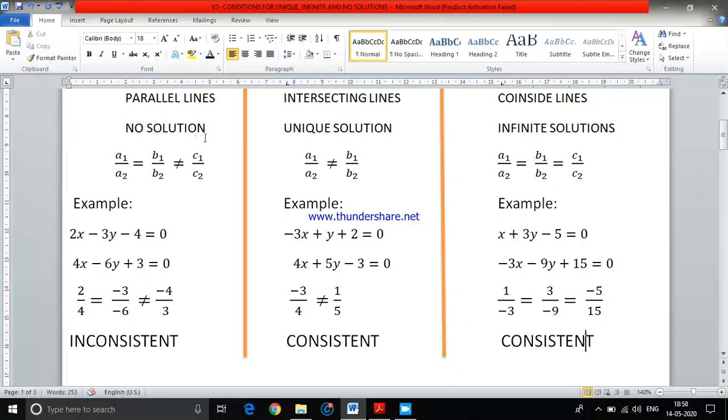And if there is no solution, that means you cannot solve the equations. In the last video we gave one example where solutions are not possible, if you remember. I explained that also. If no solutions are possible, then I say the given pair of linear equations is inconsistent. If solutions exist, whether unique or infinite, then they are consistent in both cases.